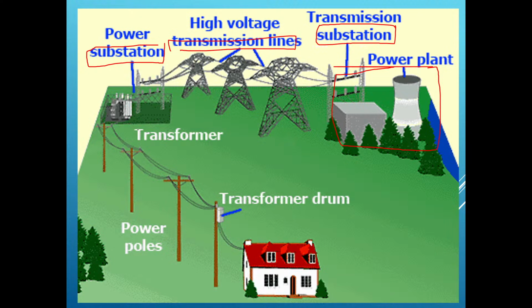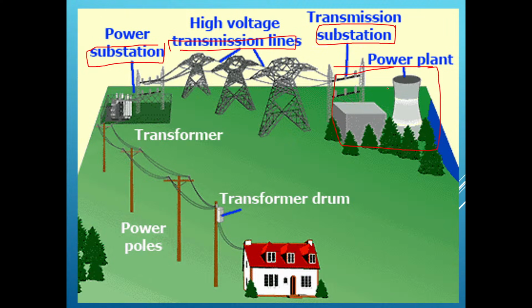There is no need to discuss substations because our concept is to calculate the electricity bill. I just wanted to briefly discuss where electricity is generated, transmitted, and distributed, because it is not our main concept now.